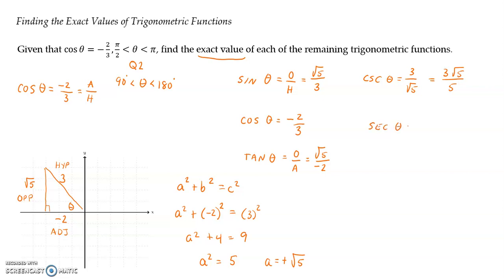Secant of theta is my reciprocal of my cosine function, so a negative 3/2. And my last one, cotangent of theta. I need to take my reciprocal of my tangent function. That's going to give me a negative 2 over radical 5. If you want to go ahead and rationalize this, negative 2 radical 5 over 5 would be an okay answer as well.